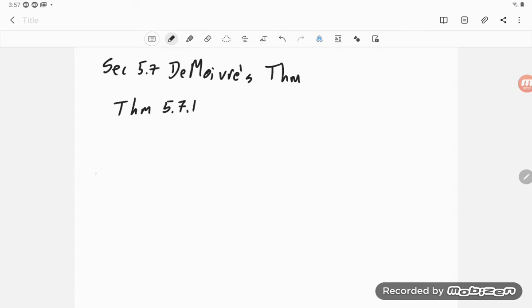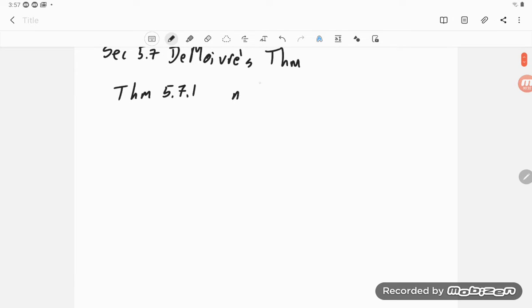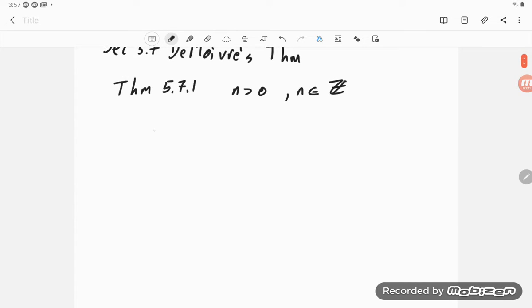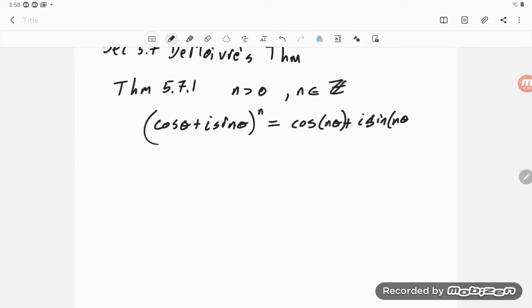5.7.1, and it says if n is greater than 0 and n is an element of the integers, so it's a positive integer, then cosine theta plus i sine theta to the n is cosine of n theta plus i sine n theta.